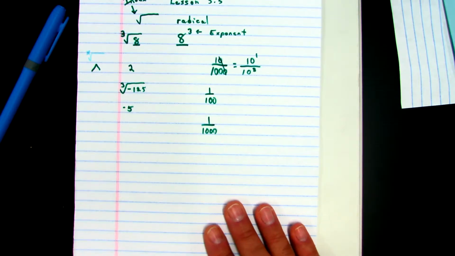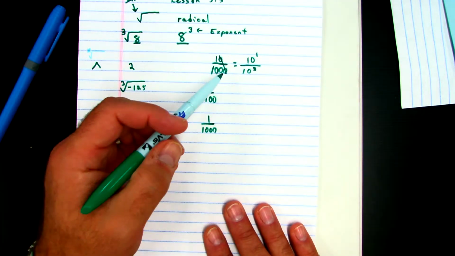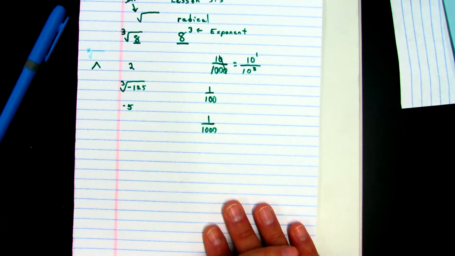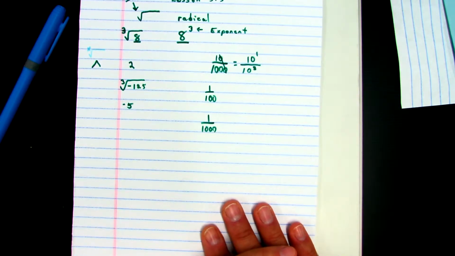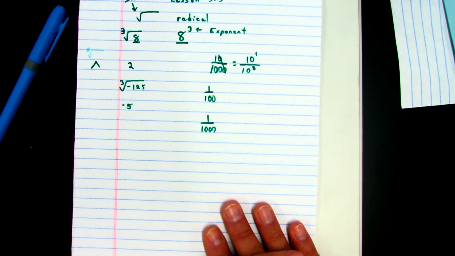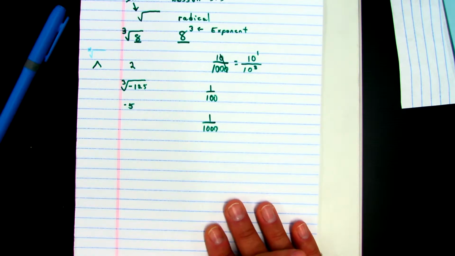Now the reason we're using the number 10 is because we just have to count the zeros. 10 is the easiest number, and it's the only number that it works this easy with, that the exponent and the number of zeros are the same. It does not happen with other numbers, it only happens with 10.